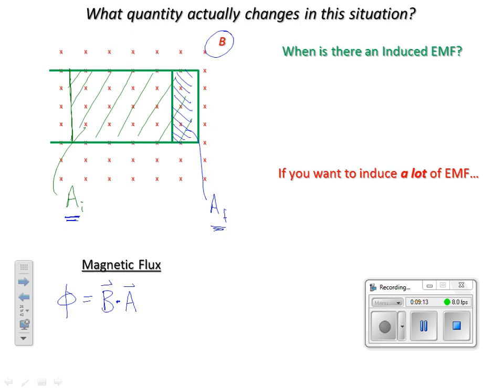Well, when is there an induced EMF? When flux changes. You don't always say magnetic, you can if you want. Is this the same thing as saying that when this rail slides, a charge in here is moved to the right? Yeah, sort of, it's the same thing. You can explain it both ways.